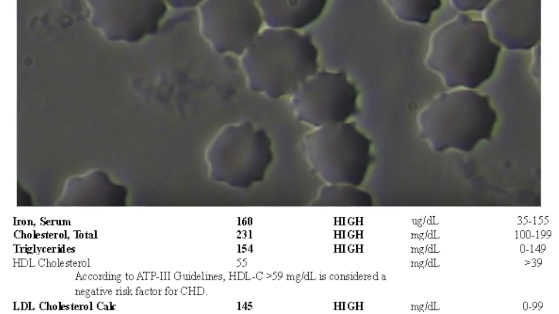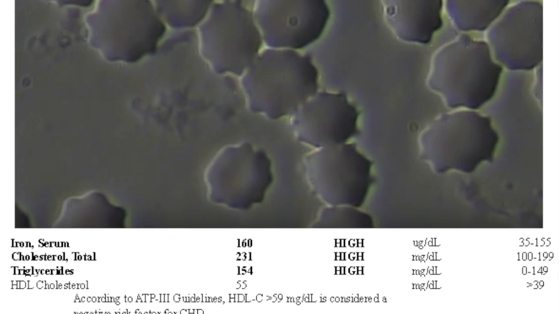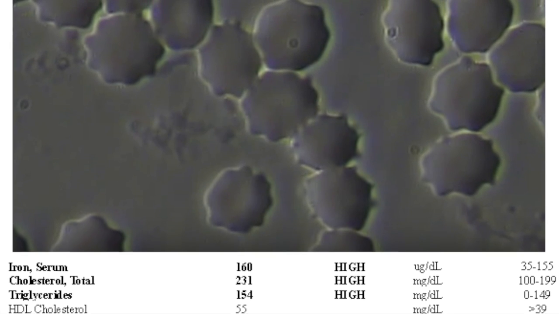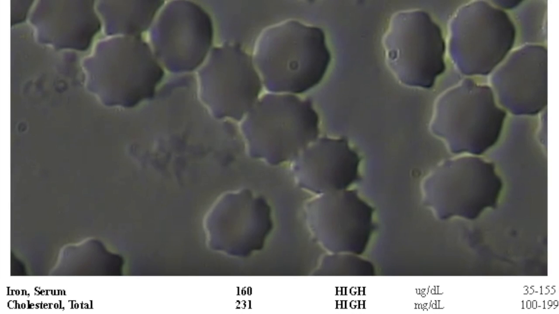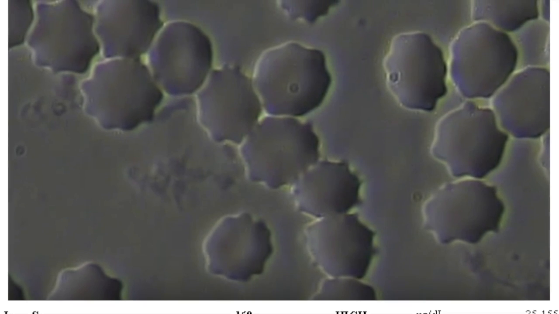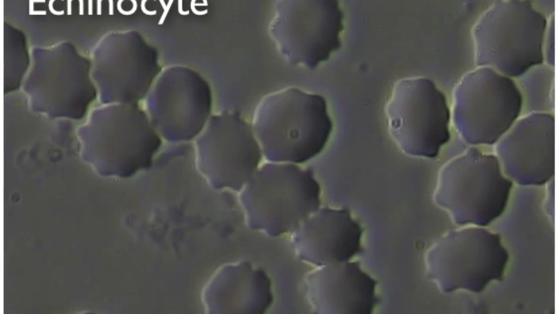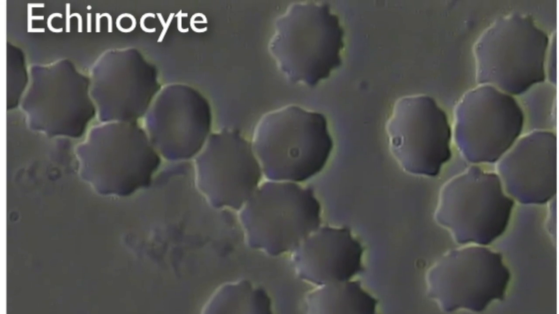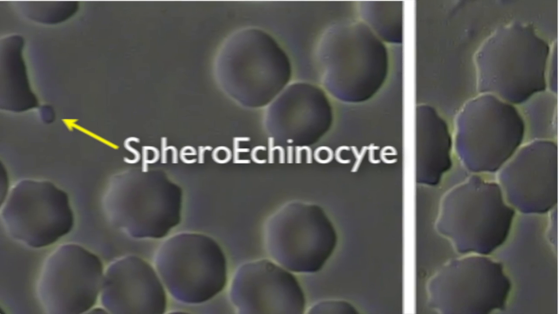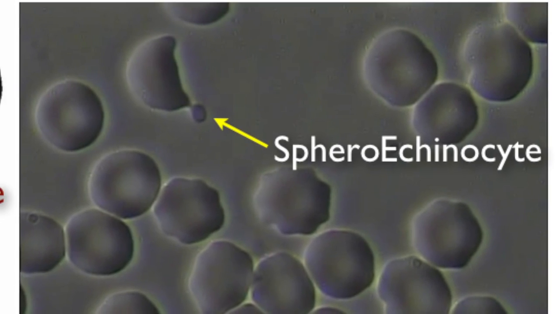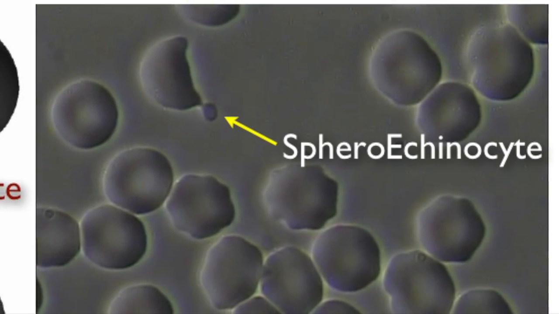Under further exposure, the spicules become smaller and more numerous and eventually bud off irreversibly, forming extracellular vesicles composed of plasma membrane material and leaving behind a more or less spherical body with reduced area and volume known as spheroechinocyte.